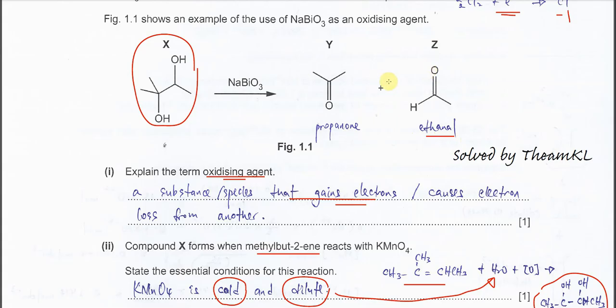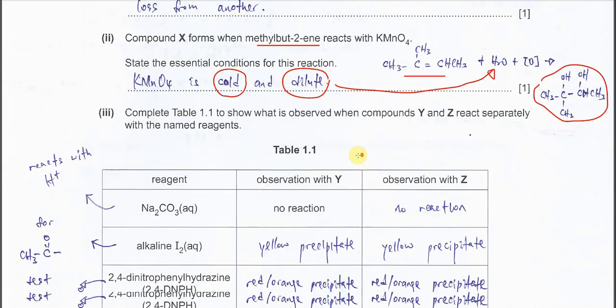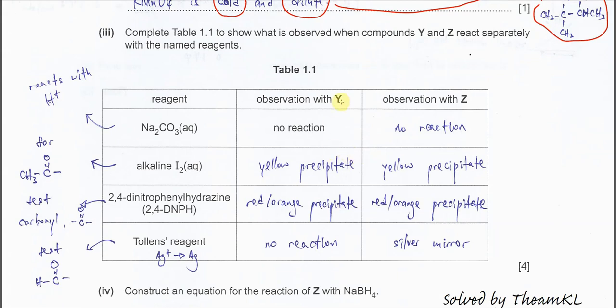Therefore, when we put these two compounds together with sodium carbonate, there will be no reaction, nothing happens. So no reaction for Y, and for Z also no reaction, because both compounds have no carboxylic acid.